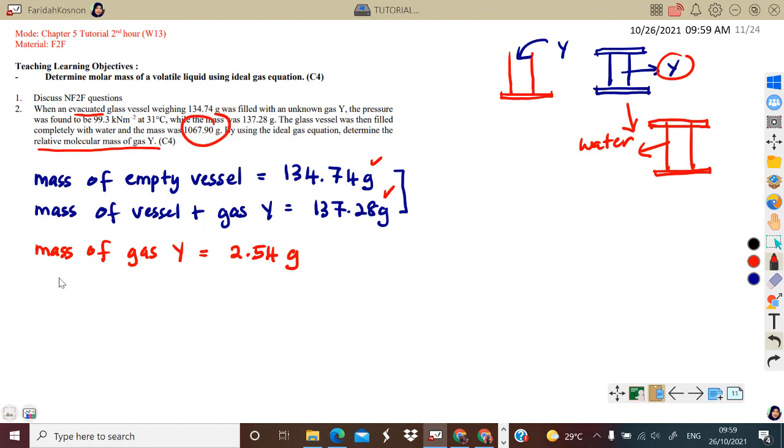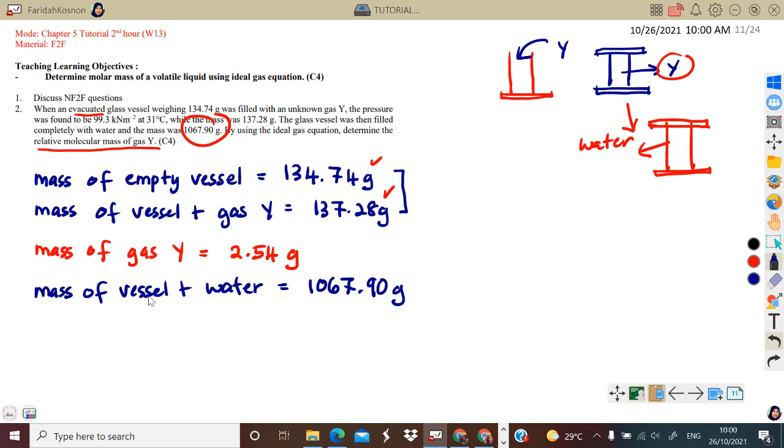Jadi bila bekas bercampur air, berapa dia punya mass? Ini mass dia. So ini adalah mass of vessel plus water. So this one adalah 1067.90 gram.